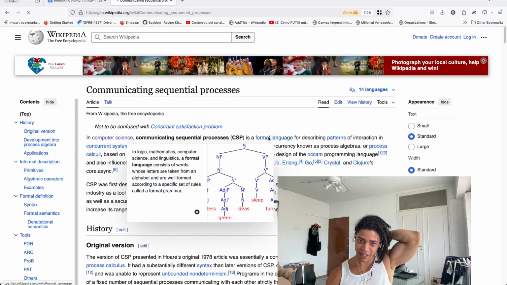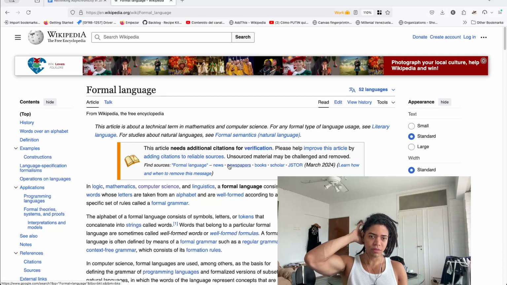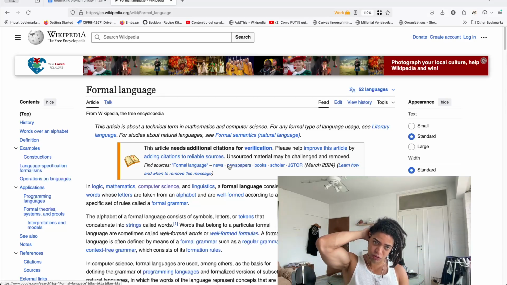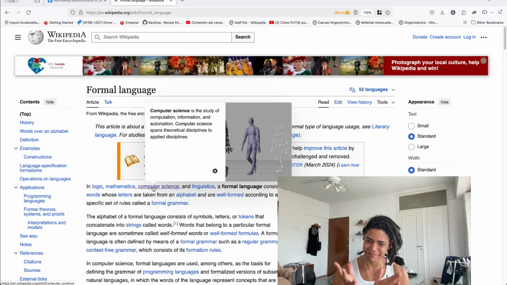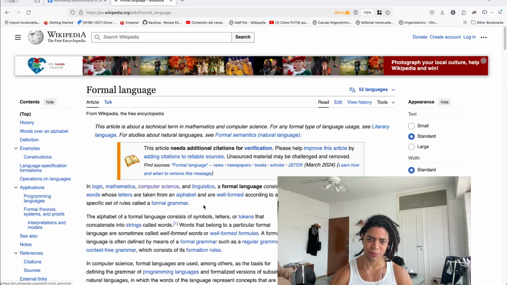A formal language, in logic, consists of words whose letters are taken from an alphabet and are well formed according to a specific set of rules called a formal grammar.